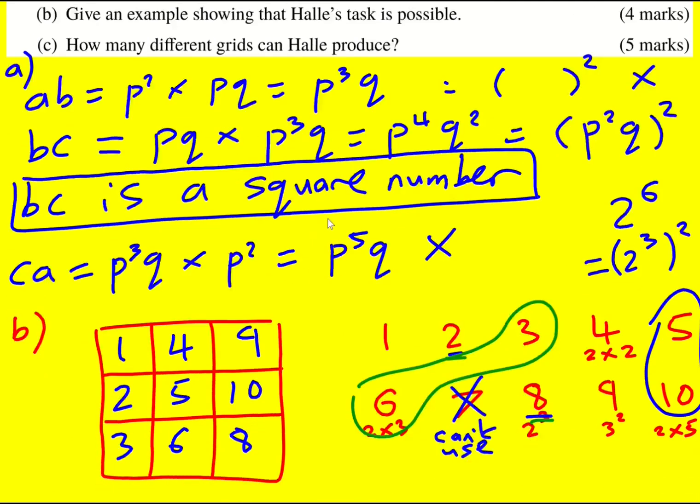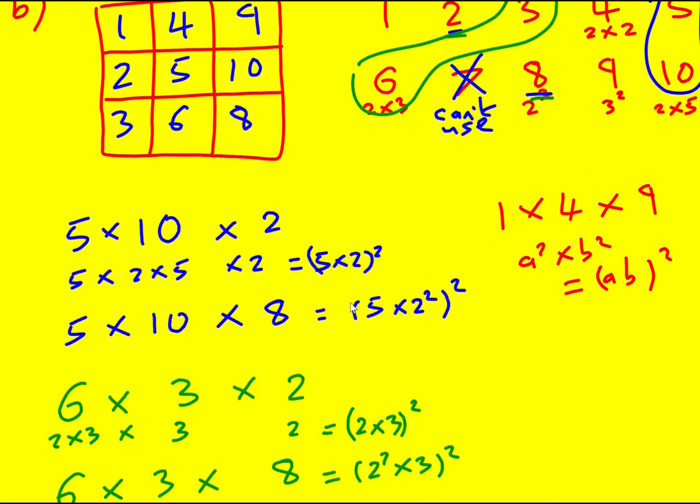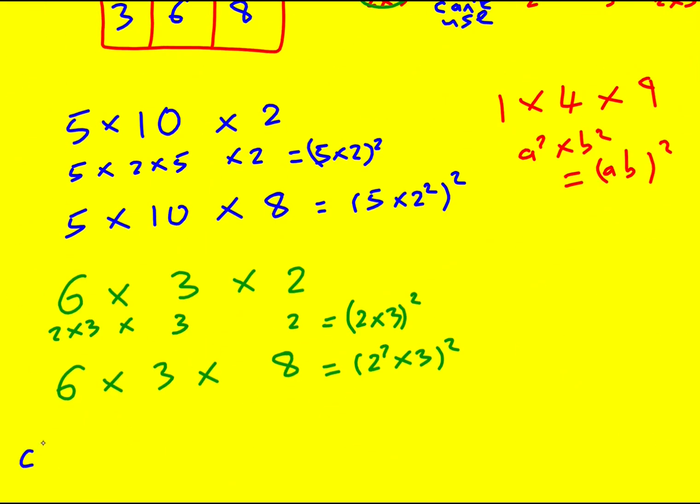In part C, we're asked how many grids can Howell produce. Okay, using B, we can swap rows around.